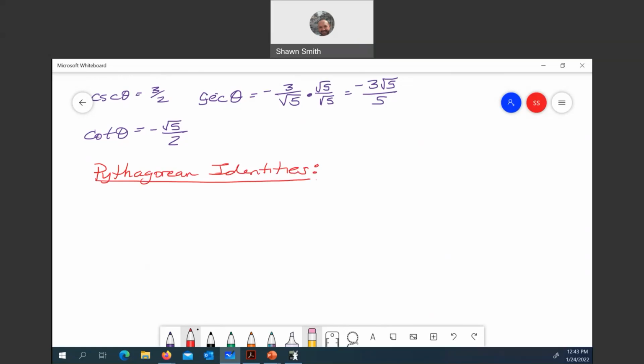All right, the very first one, most people, if you've had any basic trigonometry, you recall this. The sine squared plus the cosine squared is equal to 1. That comes from the Pythagorean theorem.